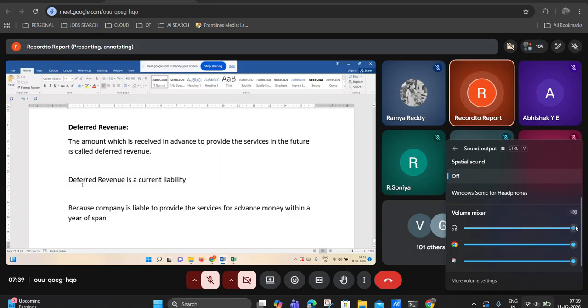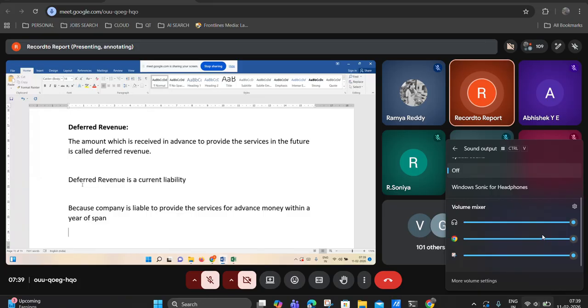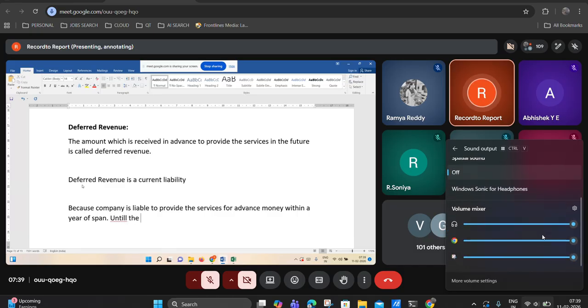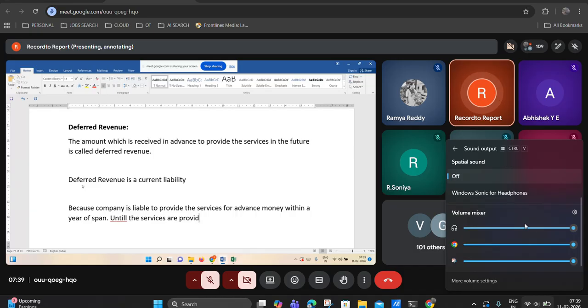Until the services are provided, it will be treated as a liability. Once the services are utilized, it will move to the respective income account, the respective revenue account.